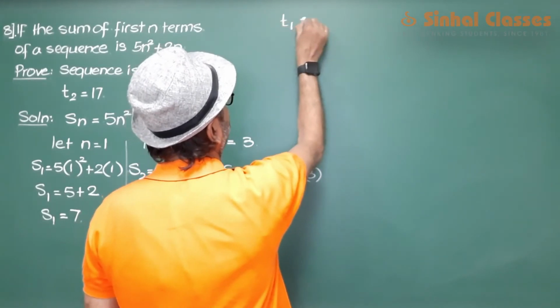First term plus second term plus third term is 33. So minus D and plus D cancels. 3A is equal to 33. So A is equal to 11. Now you have got an equation and then you have got a value for A. Substitute this value of A in this equation.